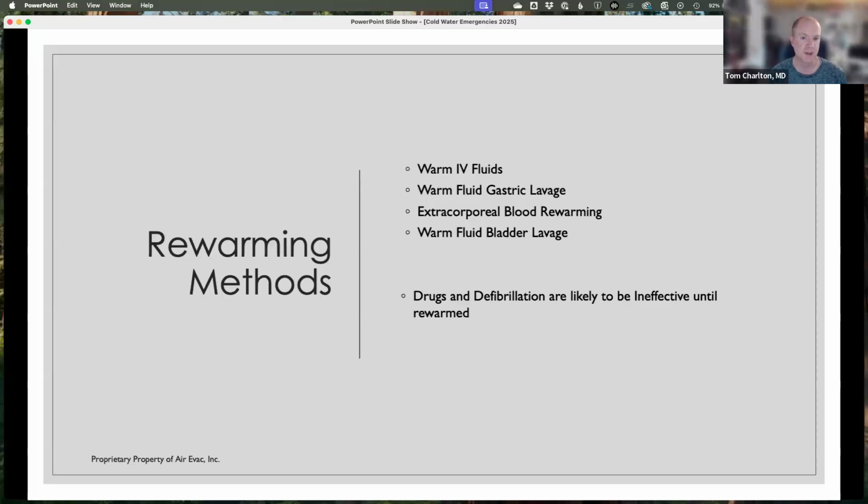Some places do carry portable fluid warmers, but the old trope of taking a couple of IV bags and throwing them up on the dash while you're on your way to this ice emergency and putting the defroster on full, okay, yeah, it's going to warm it a little bit warmer than potentially the cab. But unfortunately, it's not going to be enough to really make a ton of difference.